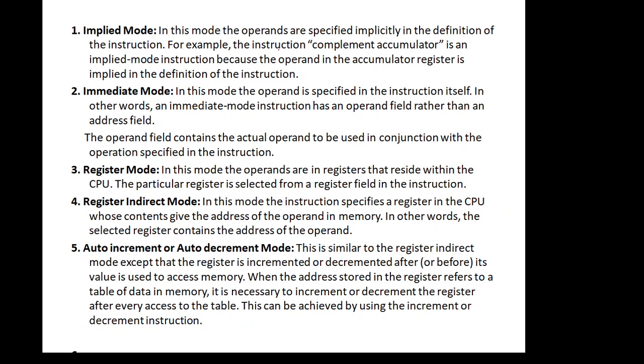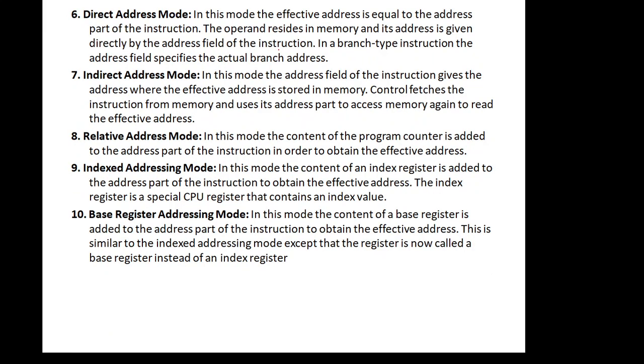Fine. Here, in register addressing mode, the operand resides in the CPU. Indirect in the sense two times we have to refer to the memory. Auto increment in the sense like a pre-increment is going to be done: first it will be accessed and then it will be incremented. Auto decrement in the sense first it will be decremented and then accessed.